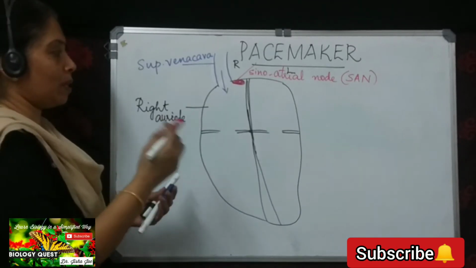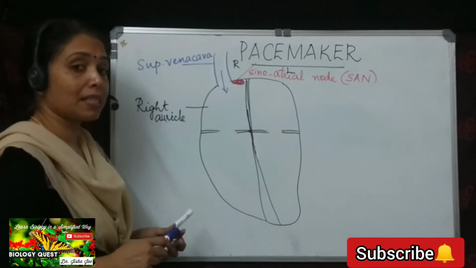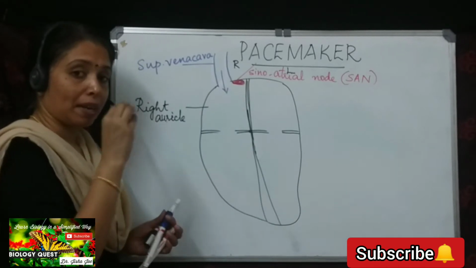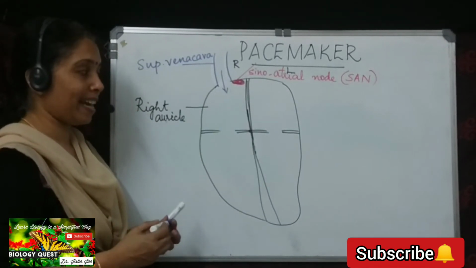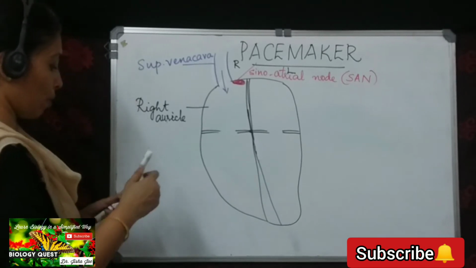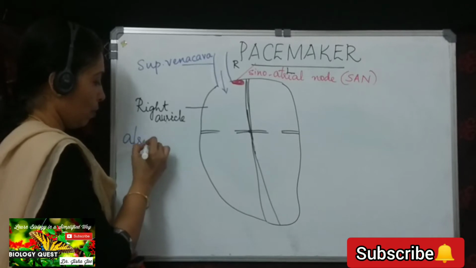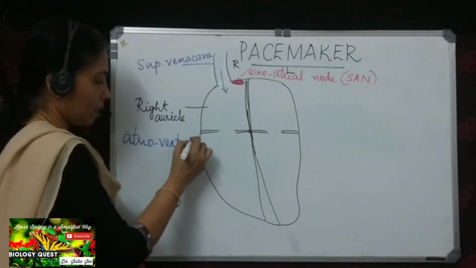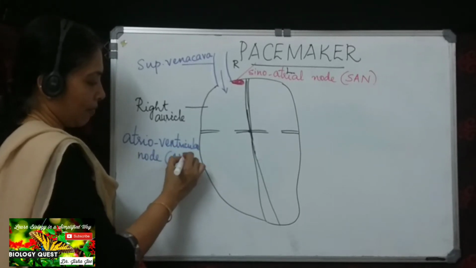Now once it gives the command, it is transmitted as an impulse to another region of the heart, which is called the AV node or atrioventricular node, or AVN.